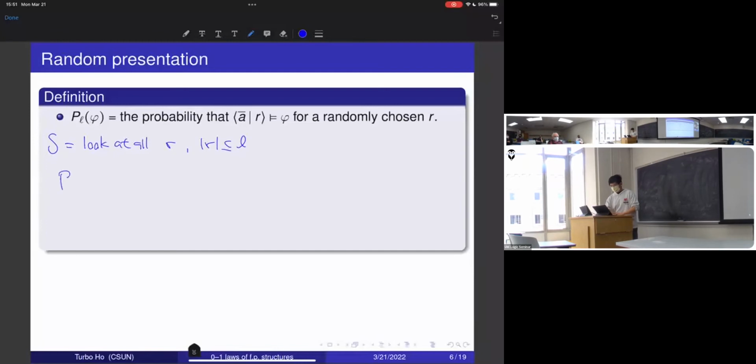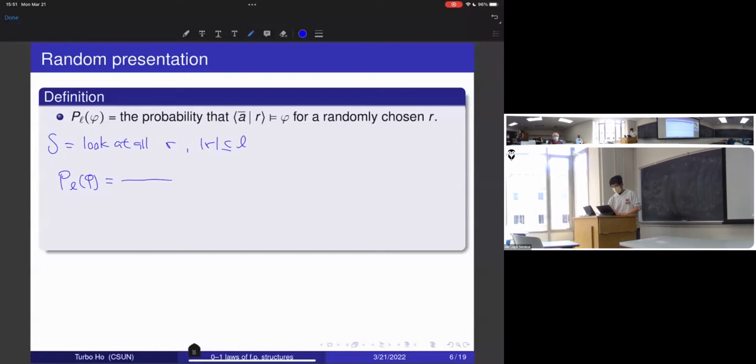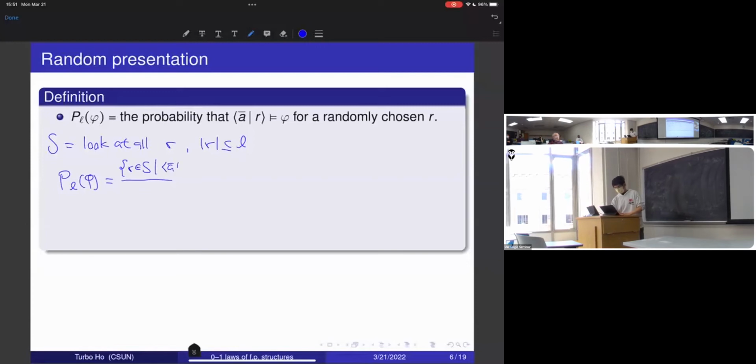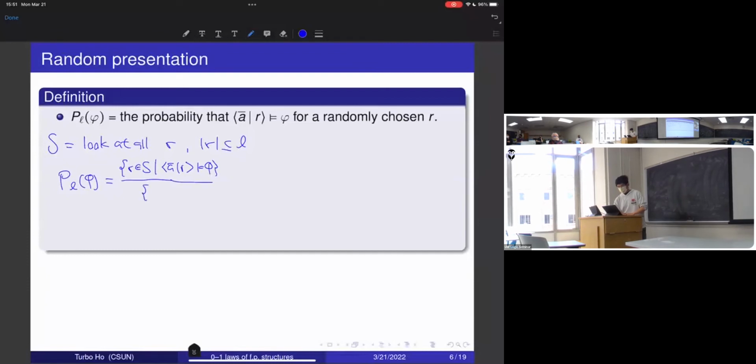And what you do is that the probability up to L of P just equals the number of R's in S such that A/R models P, and then the bottom is just the size of S. Okay, so you basically just fix a length L. That's what the subscript is doing.